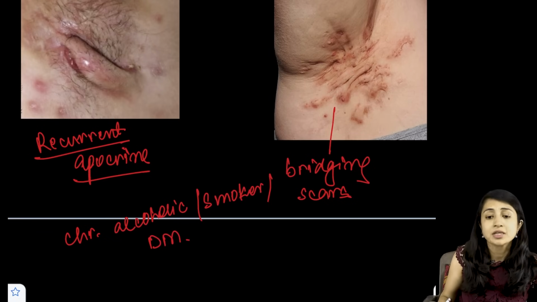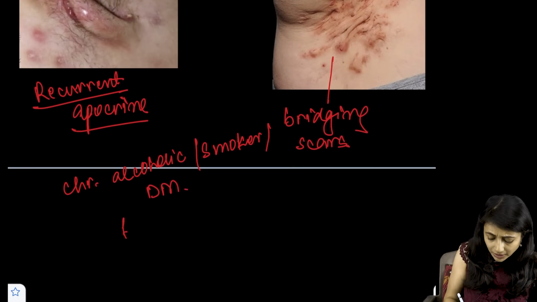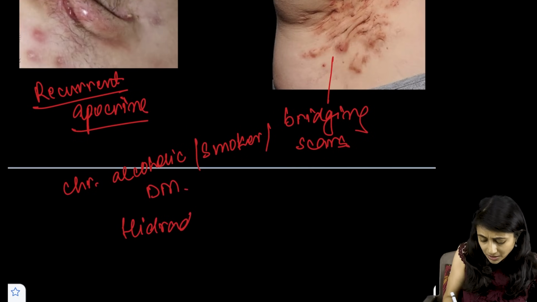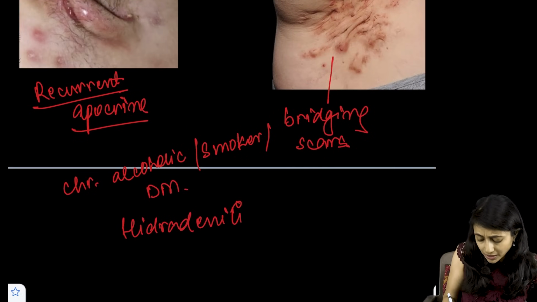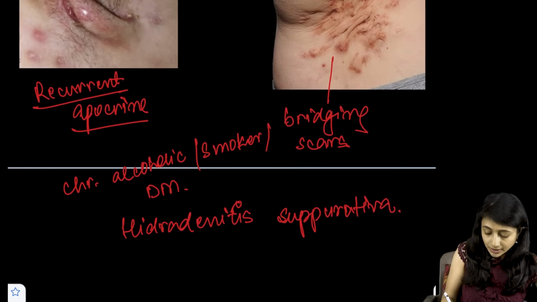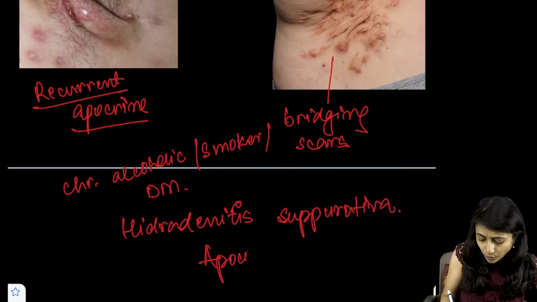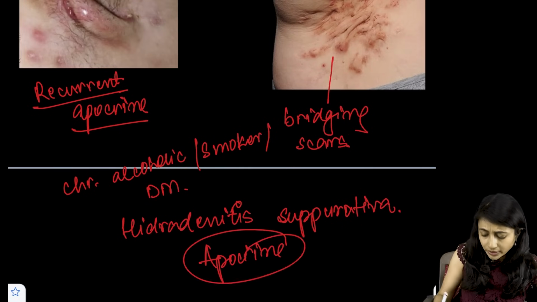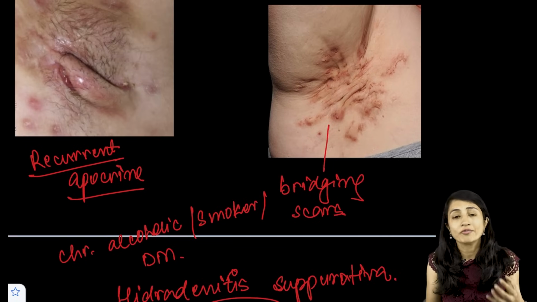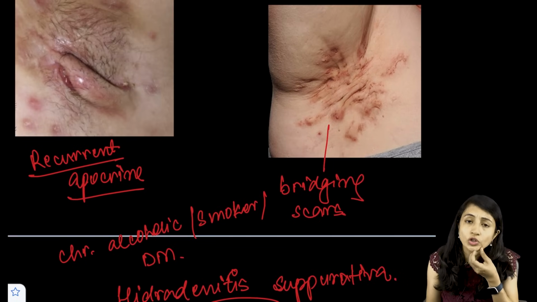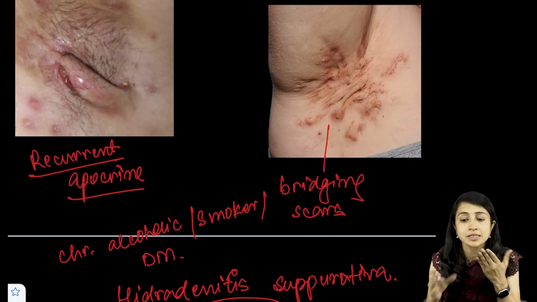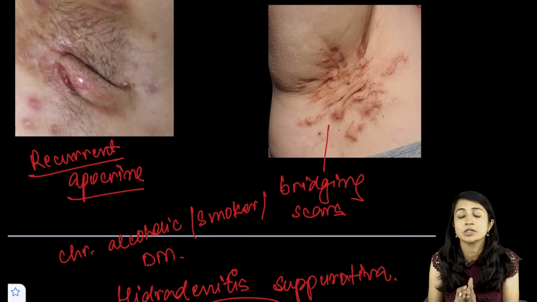So when all this history is given, you know that we are dealing with hidradenitis suppurativa. Hidradenitis suppurativa is a disorder of which type of glands? It is a disorder of apocrine glands, where you have recurrent inflammatory papules, nodules, eventually healing with bridging sinuses.